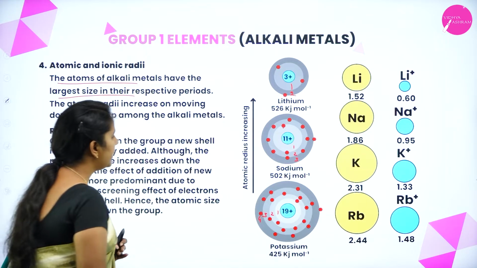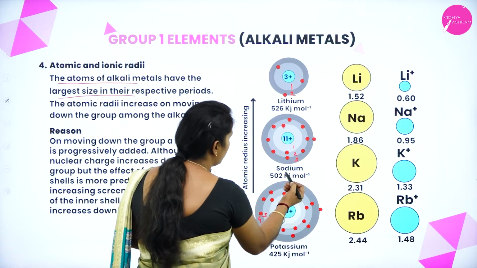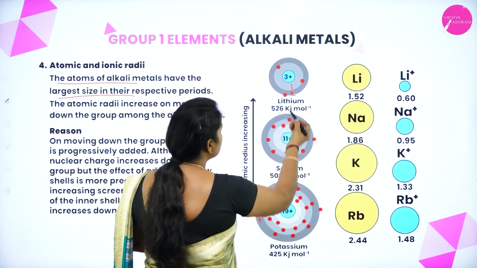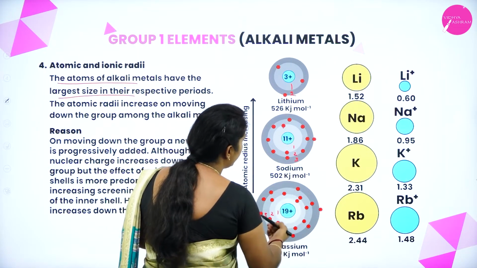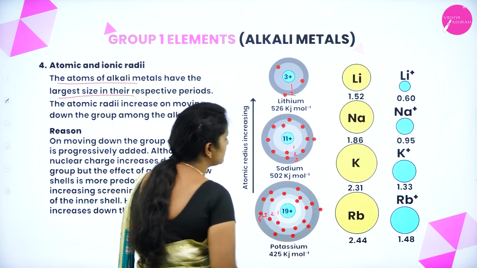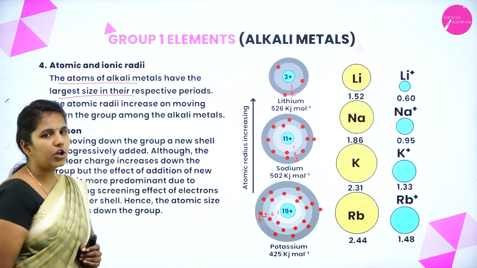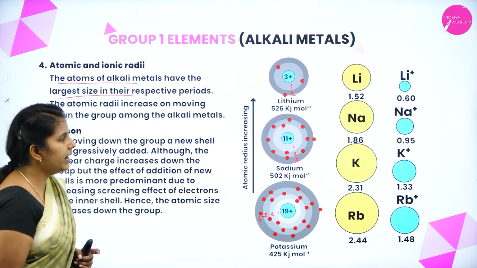Okay, so you can take the example of lithium, sodium and potassium. As we move down the group, the number of shells increases, and obviously their atomic radii also increase.